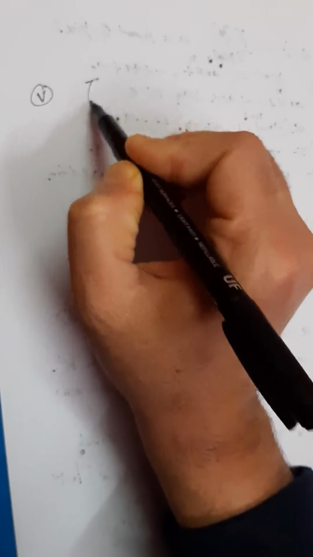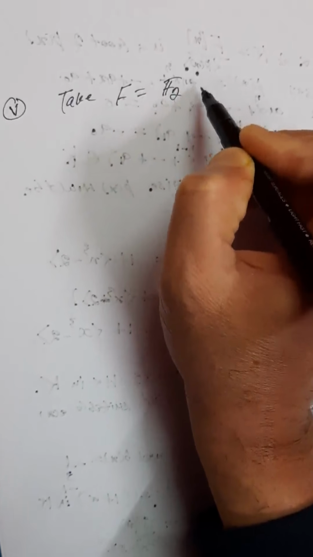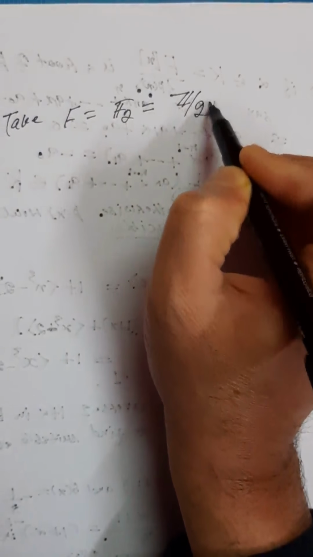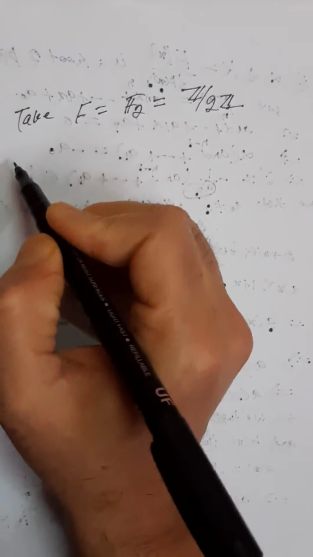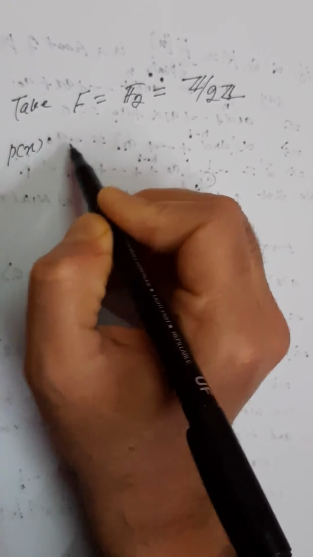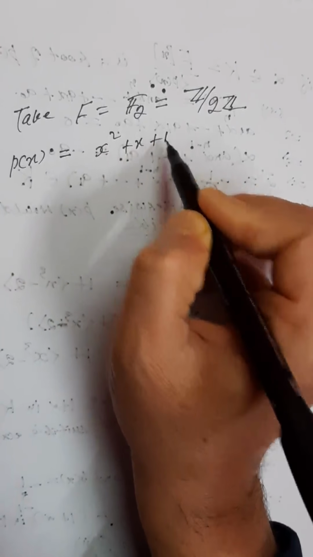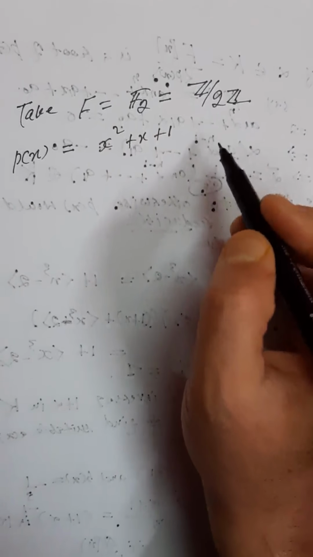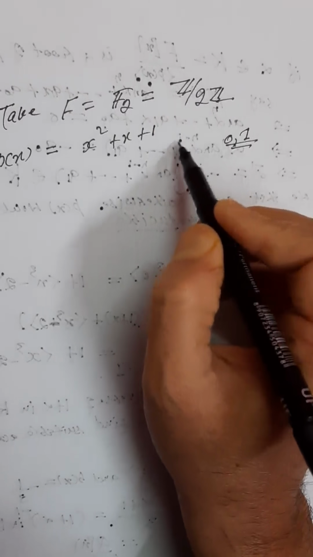So take F equals F2, which is Z mod 2Z, and take polynomial p(x) as x square plus x plus 1. Now F2 is a finite field having two elements, 0 and 1. We know this.